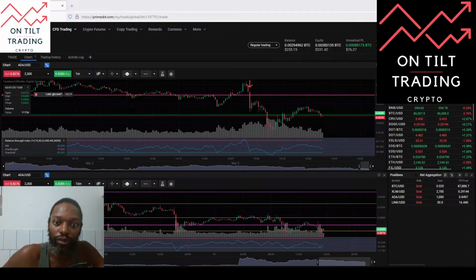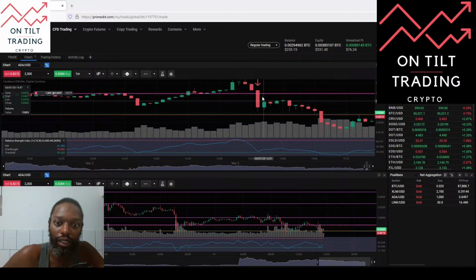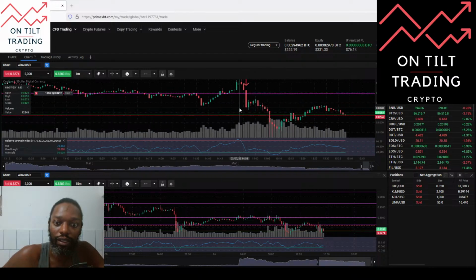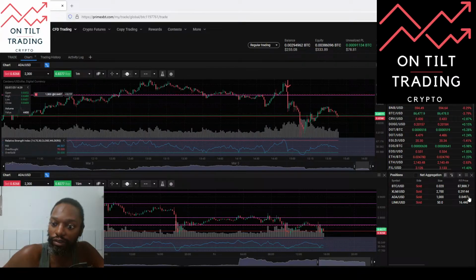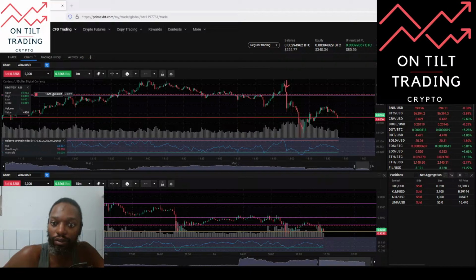So we'll zoom in. I take an entry here on Cardano at 1456. This area of increased volume here is the close of the U.S. market. And we can see that we've been selling off here in the crypto market at the close of the U.S. market.